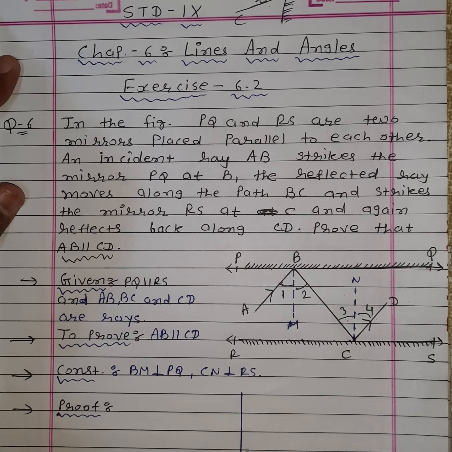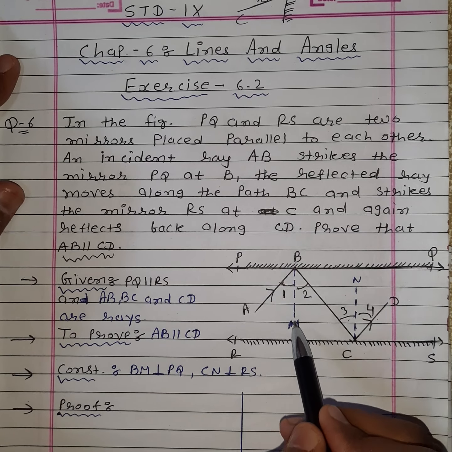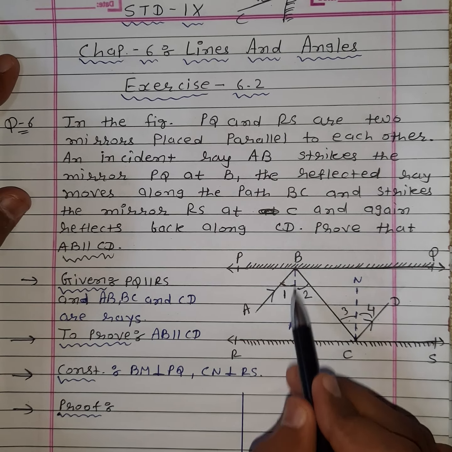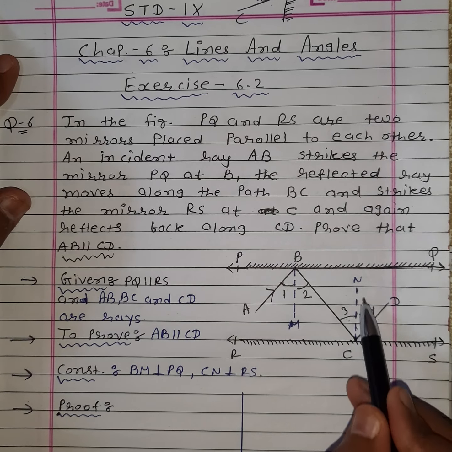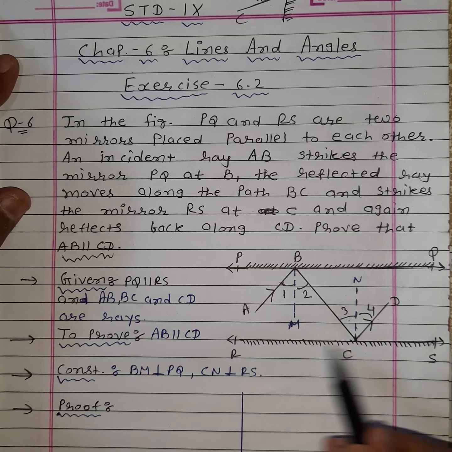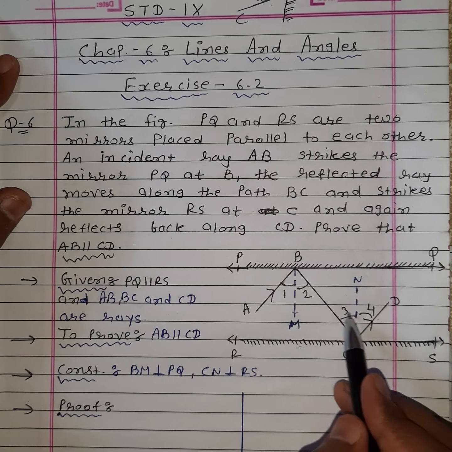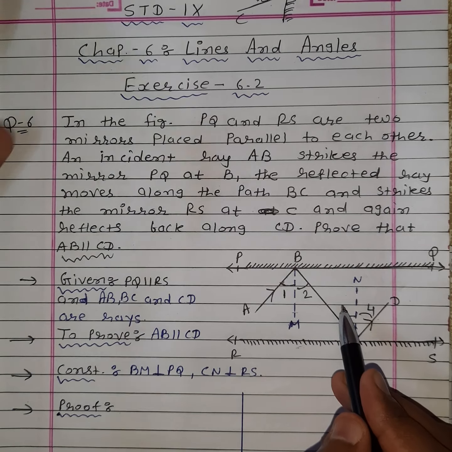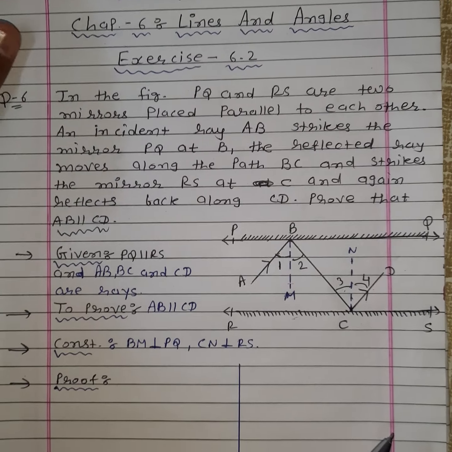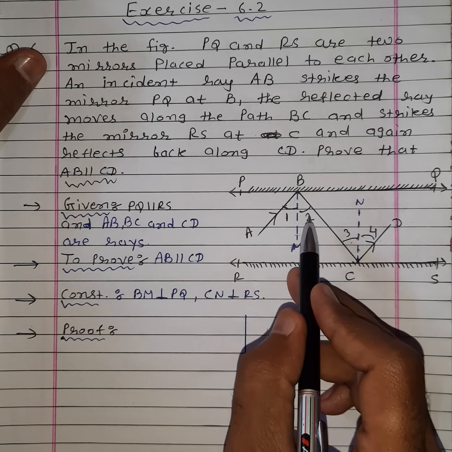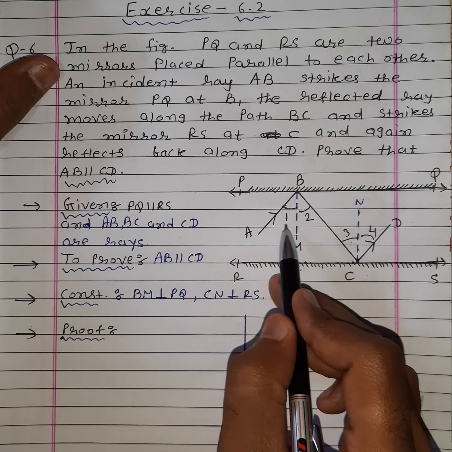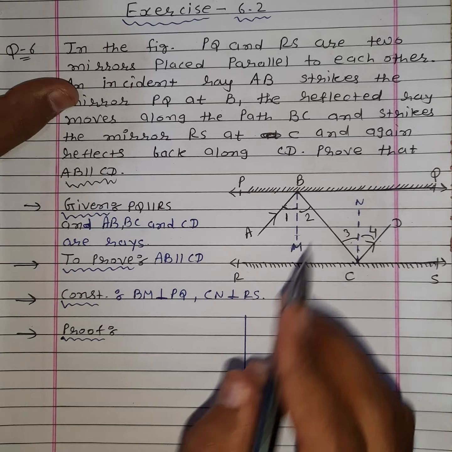Now see, here we have constructed two perpendiculars: BM is perpendicular to PQ, and CN is perpendicular to mirror RS, right? So they are called normals, right? Now let us start our proof. In this question, first of all, as I told you, angle 1 and angle 2 are equal. Angle 1 is the angle of incidence and angle 2 is the angle of reflection.